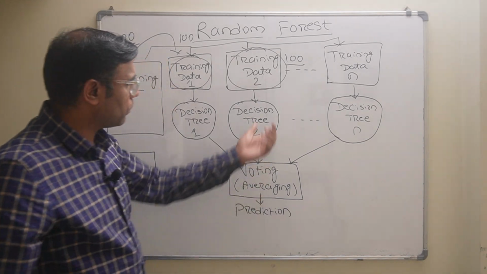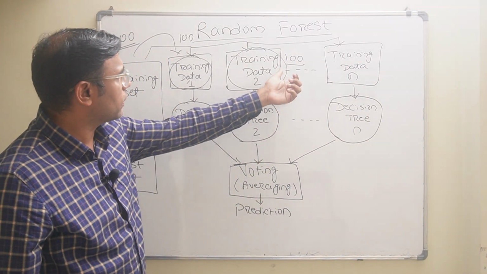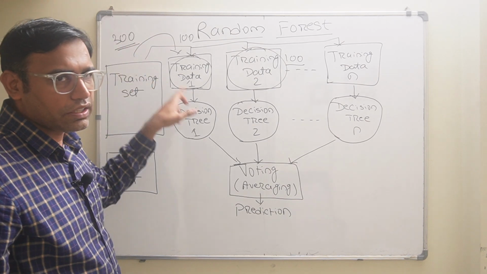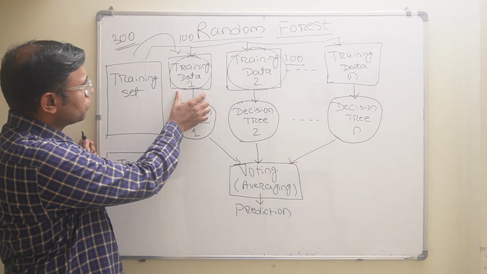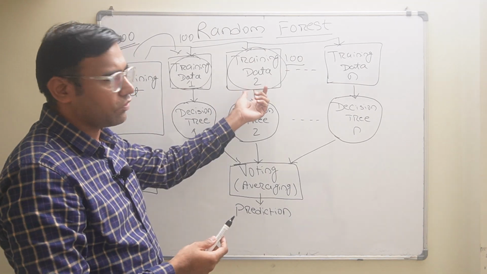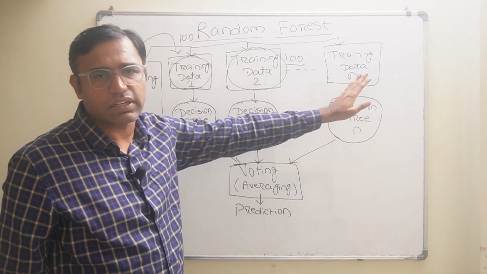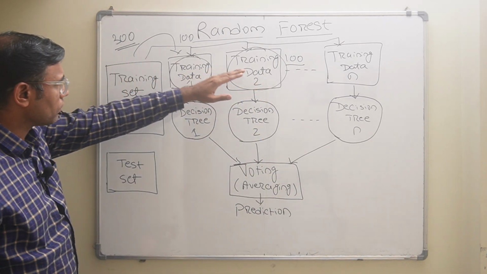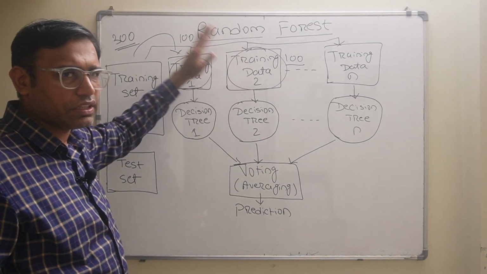Now again a decision tree is constructed. Again these 100 instances are returned. It does not mean that if you selected 100 instances, then next time only 200 are available, and then next time only 100 are available. It is not like that. All these instances will be returned again.